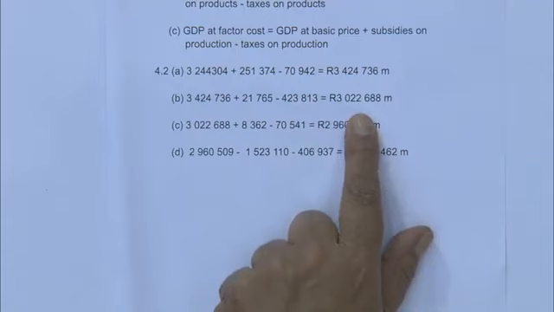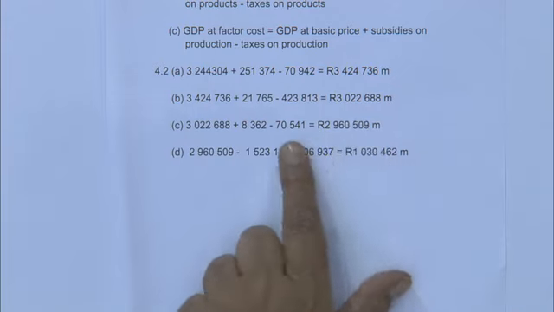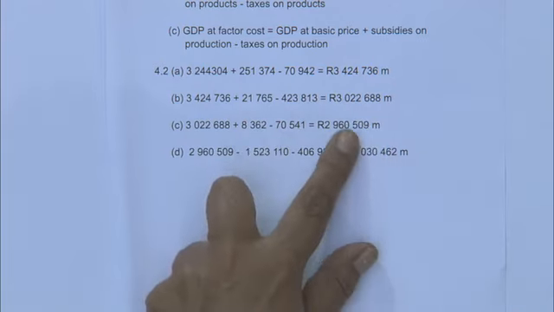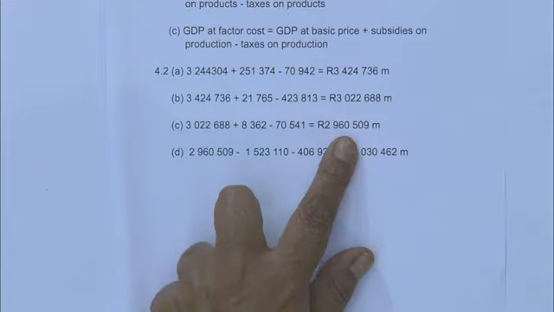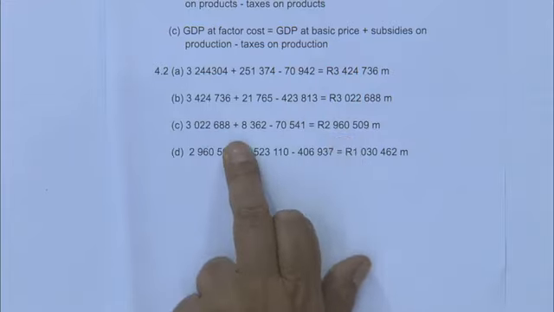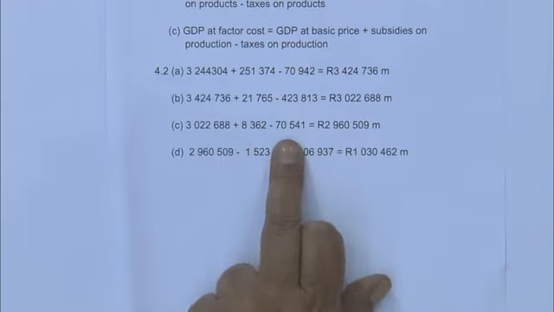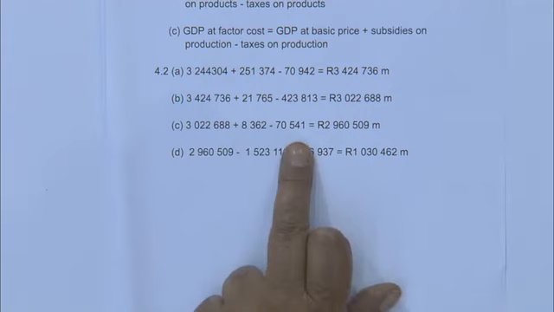And then to get to our GDP at factor cost, you start once again with your GDP at basic price plus your subsidies on production minus your taxes on production.